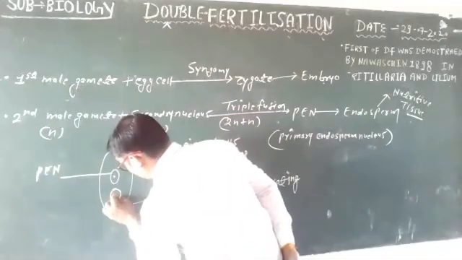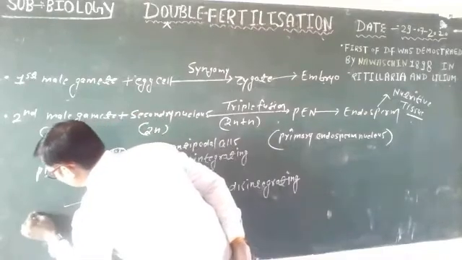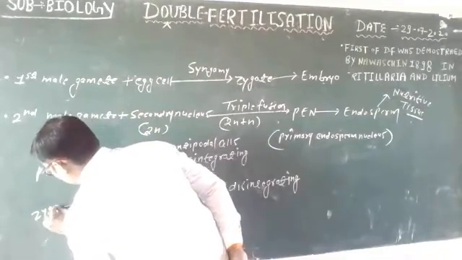And after this, one more male gamete fuses with the egg cell. This is known as the zygote.